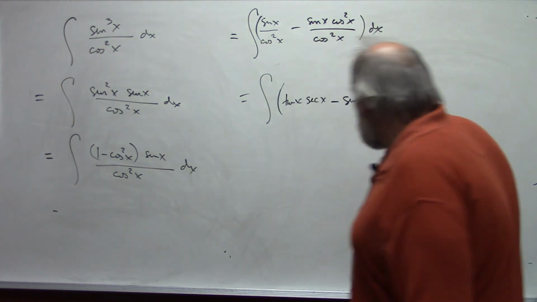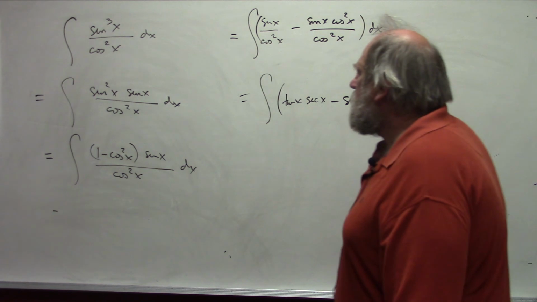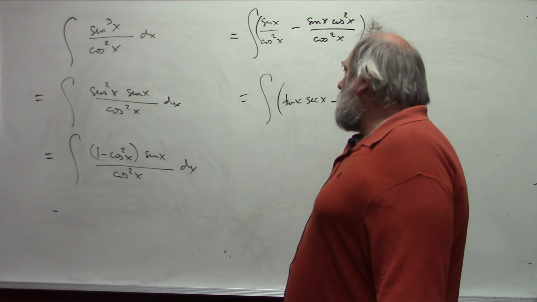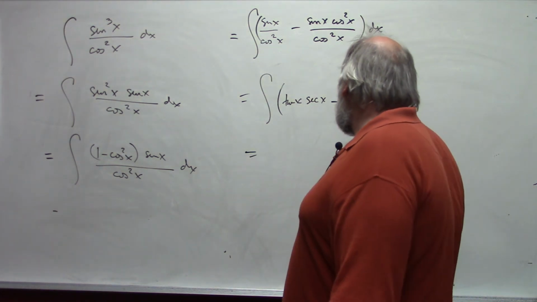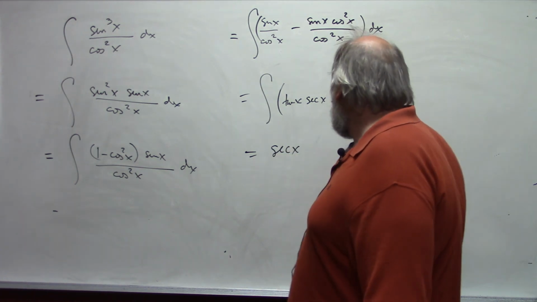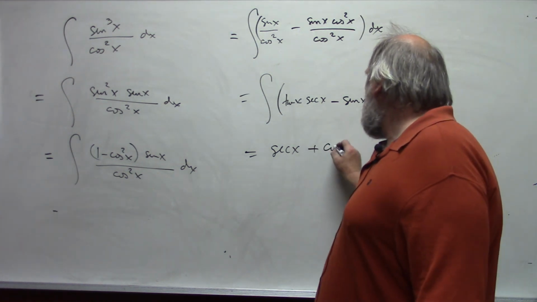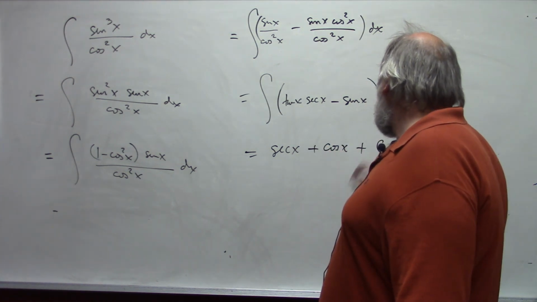And so this simplifies down to tangent of x times secant of x minus sine of x. The antiderivative then of this is secant of x. The antiderivative of the negative of sine of x is cosine of x, and then plus c.